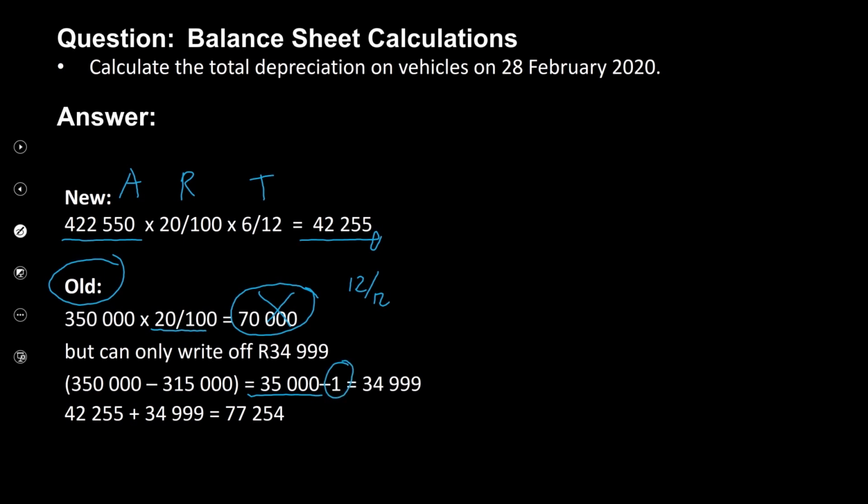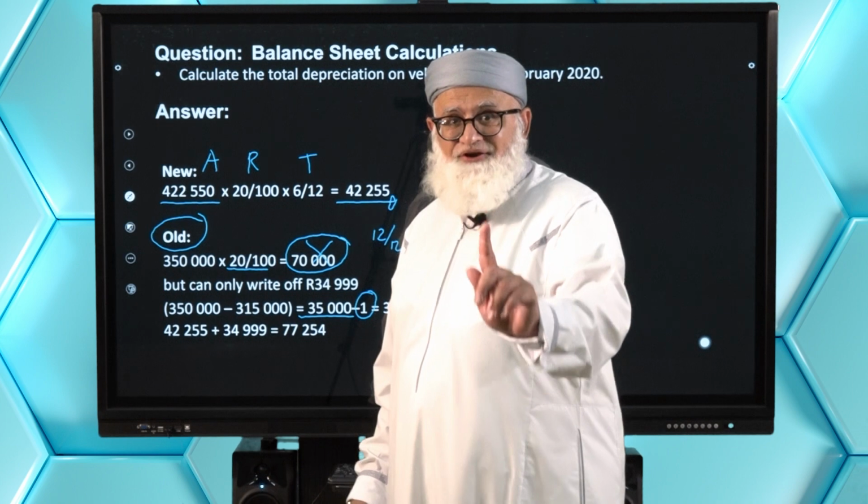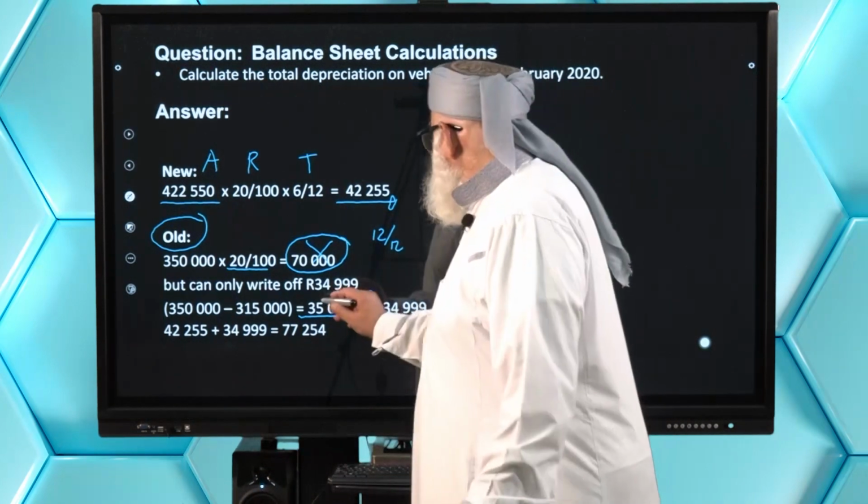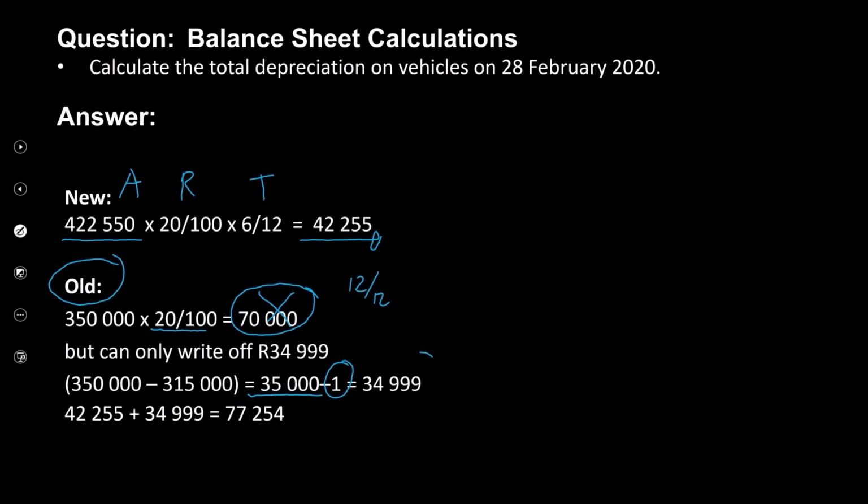This is the case where you are left with a carrying value of 1 Rand. Minus the 1 Rand from it, so definitely the maximum depreciation that you can write off on this old vehicle is 34,999 Rand.